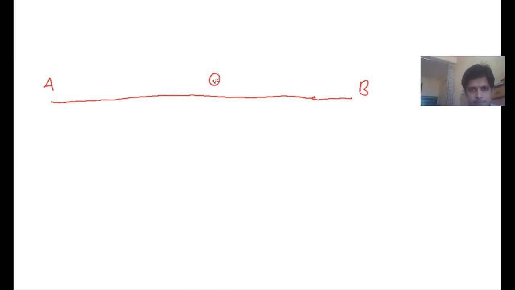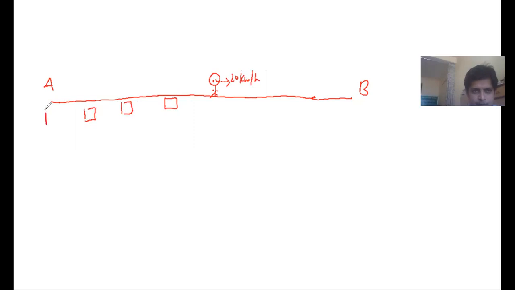So let us draw this one. Suppose this is town A, and this will be town B. A man here is moving with 20 kilometers per hour. Now, if buses are coming, suppose this is the first bus, this one second.